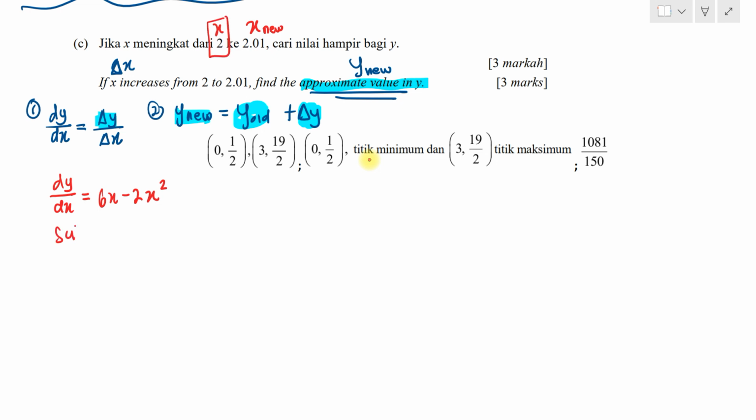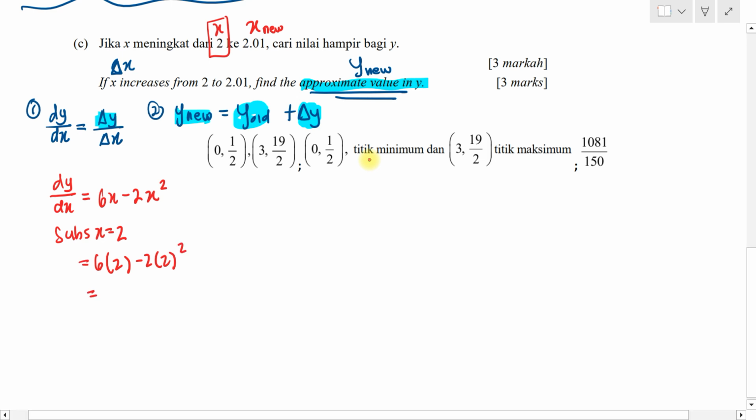So substitute x equal to 2. So you should be getting, how much do we get? 12 minus 4 times 2, 8. You get 4, the answer.